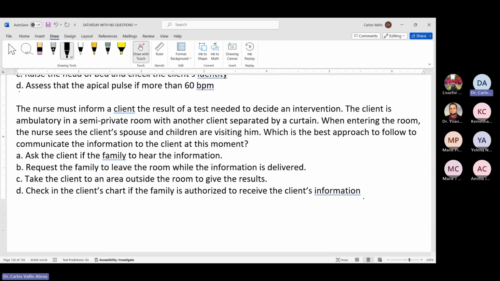The client, the family. Suppose that I am your papa or your abuelo. Suppose that I'm your father, and the nurse in front of me asks you, do you want your dad to know about your private stuff?